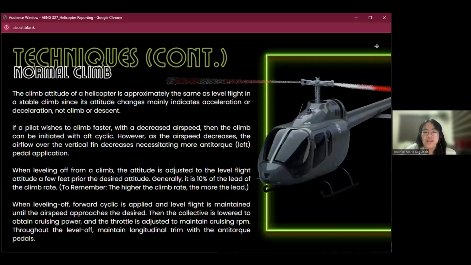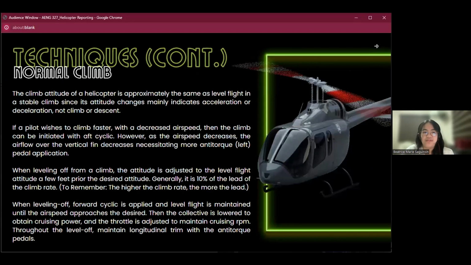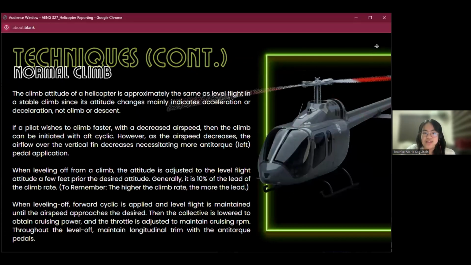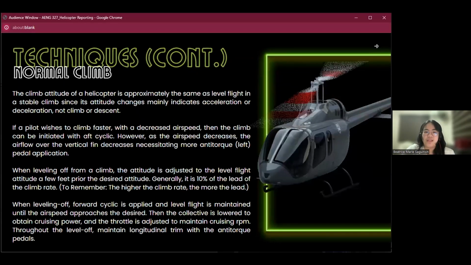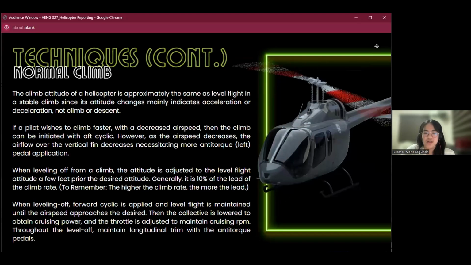Remember that the climb attitude of a helicopter is approximately the same as level flight in a stable climb, since its attitude mainly indicates acceleration or deceleration, not climb or descent. Therefore, a helicopter can climb with its nose down, and vice versa, it can descend with its nose up.